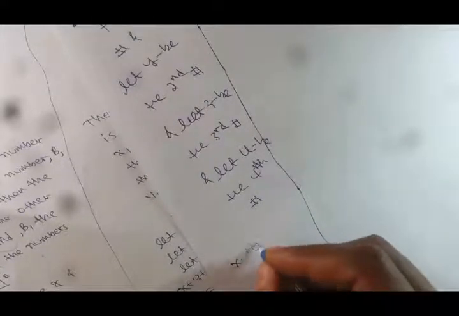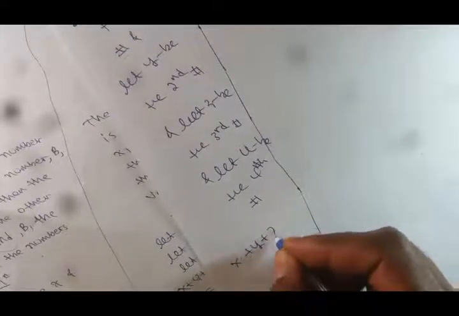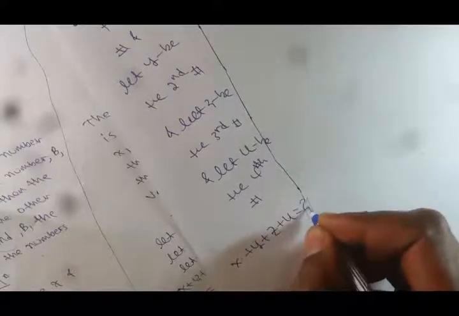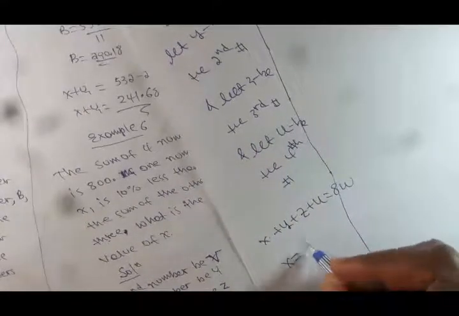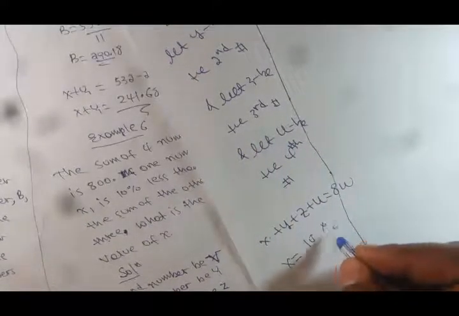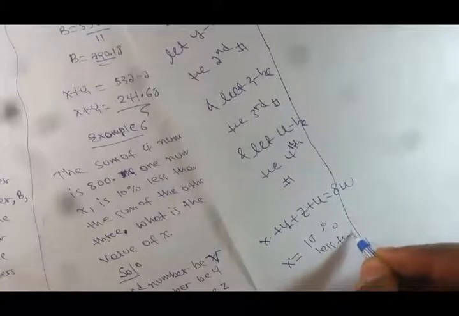It says that x plus y plus z plus u is equal to 800, and it was given that one number x is equal to 10% less than the sum of the other.